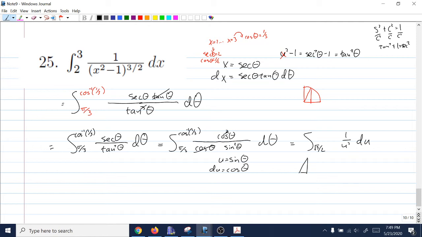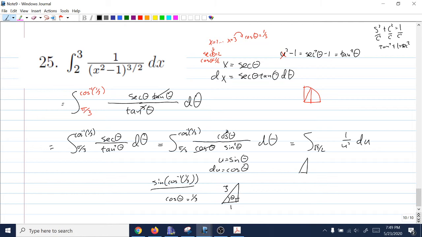When theta is cosine inverse of 1/3, I need to know what is sine of cosine inverse of 1/3. This is an algebraic number. Don't write it like this. Do the reference triangle. I'm thinking about what is the angle whose cosine is 1/3. I'm drawing a reference triangle where adjacent over hypotenuse is 1/3.